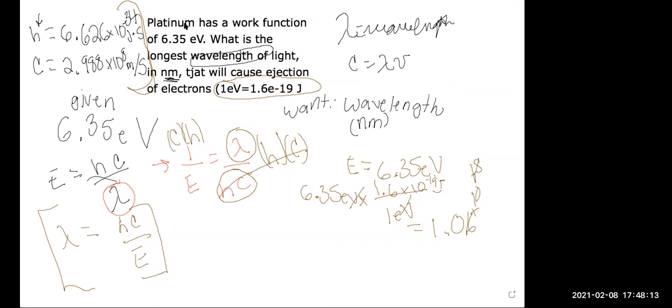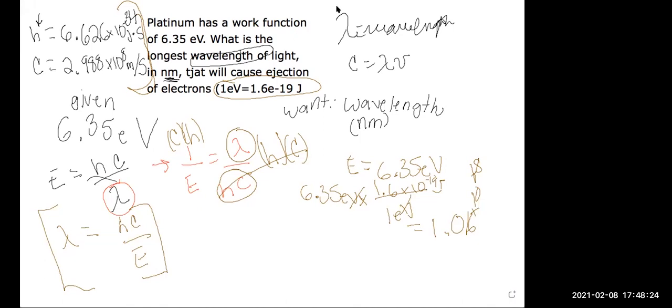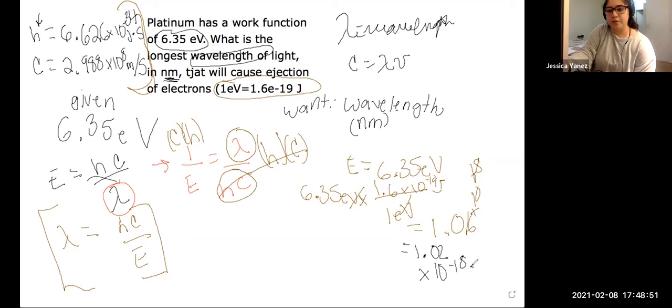Alberto said 3. We want 3 sig figs because this is our work function, and our work function has a total of 3 sig figs. So we convert this into 3 sig figs: 1.02 times 10 to the negative 18 joules.